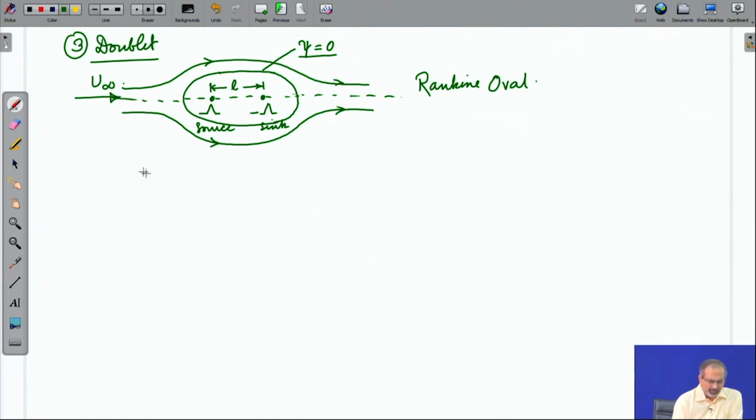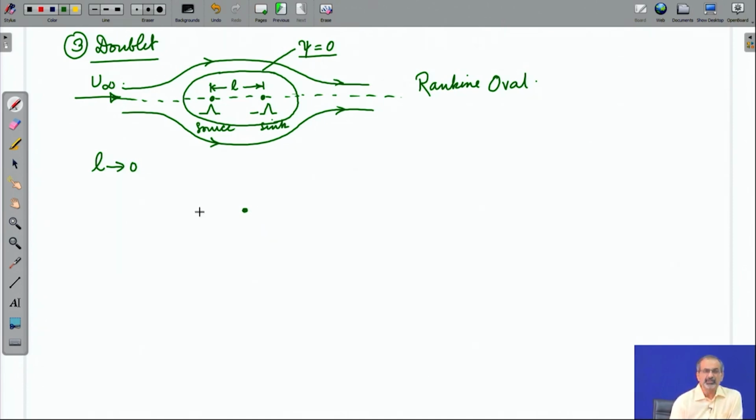Now, if you were to limit the gap between the source and the sink to 0, what would happen? They would virtually merge to a single point or nearly a single point, where the gap is infinitesimal.